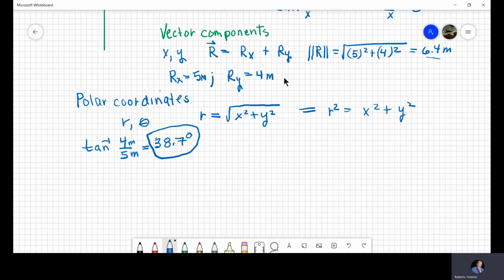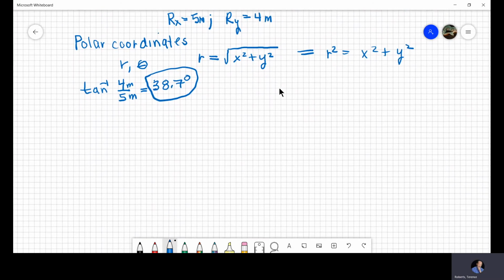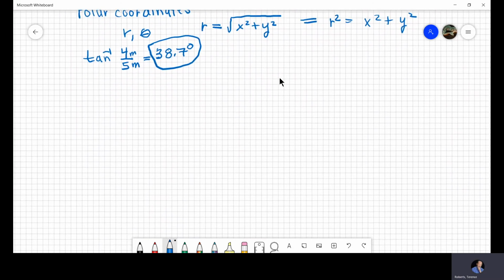All right, let's take a look at adding two vectors. So I have vector A plus vector B, and I'm going to add them. We're going to call the new vector R. Okay, so let me draw a coordinate system right here.